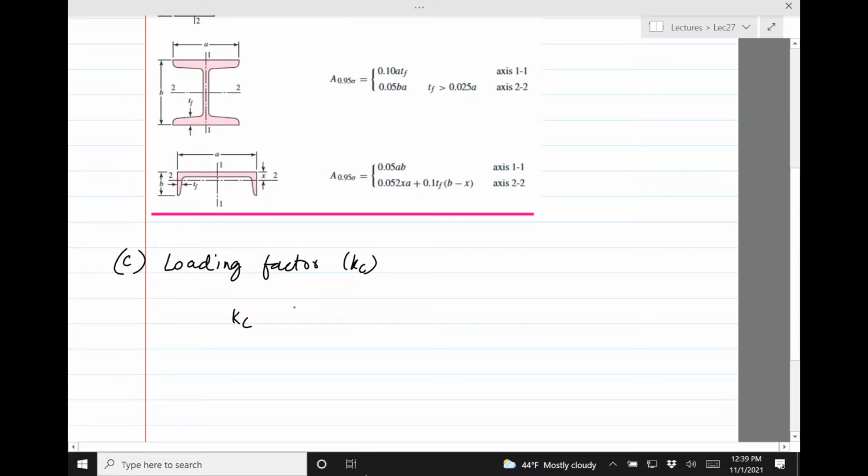KC will have one of three values, depending on the way in which you load it: one for bending, 0.85 for axial loads, and 0.59 for tension. So just find the way in which you load the specimen and then use one of those factors.